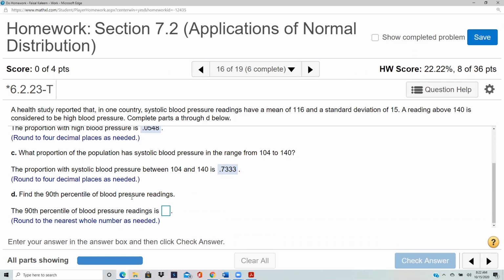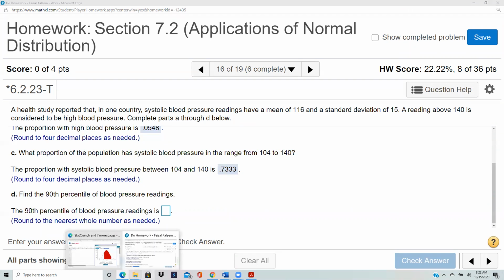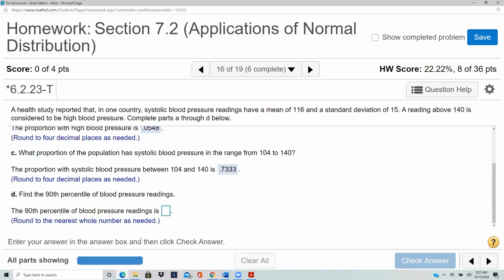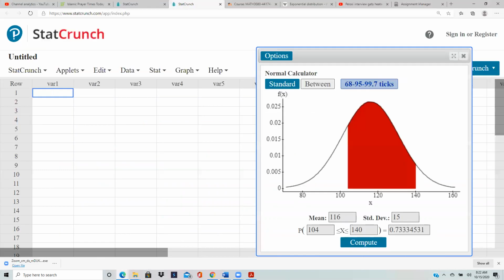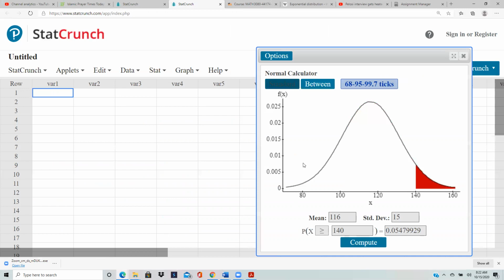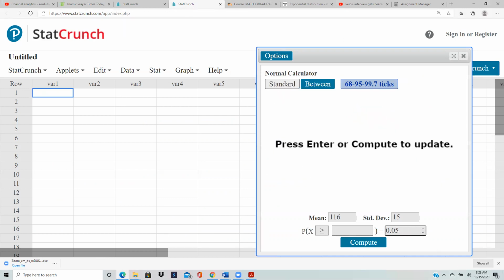And find the 90th percentile of the blood pressure readings. So remember, 90th percentile means 90% are below that mark, and below means on the left. So go to standard, change the area to the 90%.